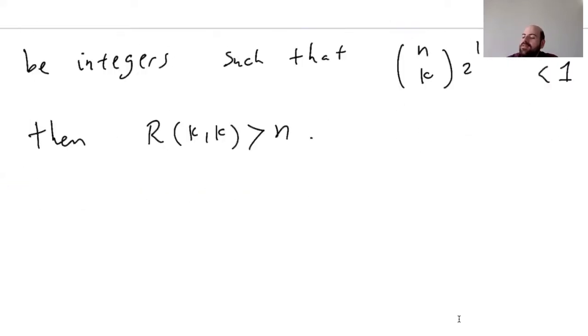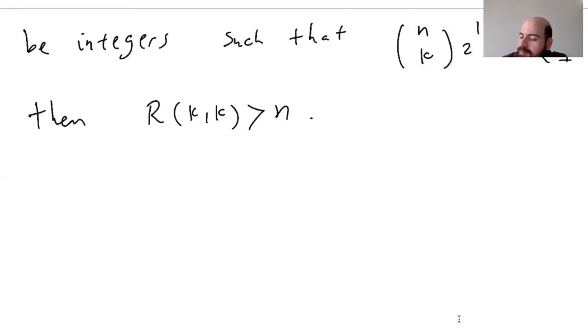Okay, let's look at an example. It's very simple to check that this bound is not sharp. I'm going to check it with k equals 3, because we already know capital R of 3 and 3 is 6.